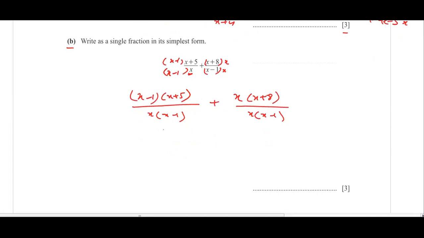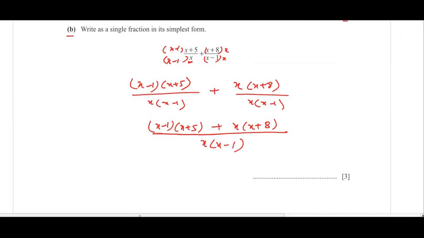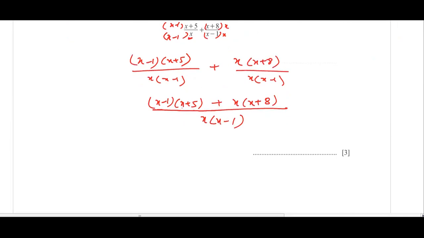So from here, if I take this LCM now, x into x minus 1, that will become x minus 1 into x plus 5 plus x into x plus 8. Now just simplify this one. X with this will become x square. X with 5 will be 5x. Minus 1 with x will be minus x, minus 5.